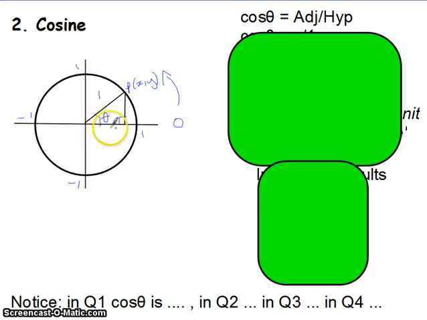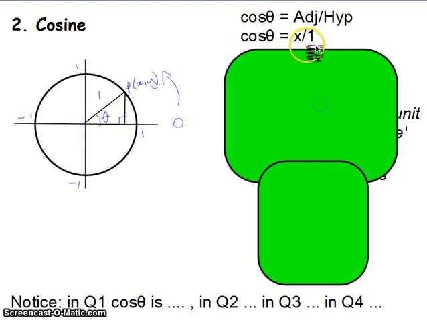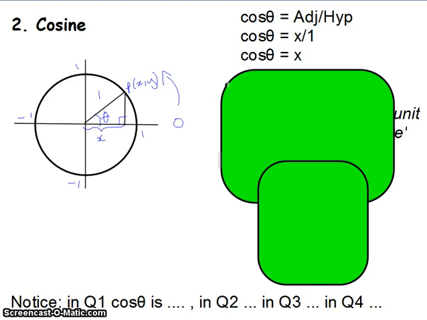This is the adjacent side, so it's going to be the x value, because that side there is x, and because cos theta is x over 1, it means that cos theta equals x. So this length here, the base of the triangle in the unit circle, is cos theta, which is also the x coordinate.